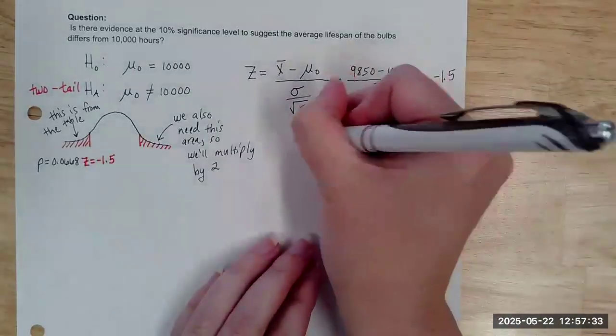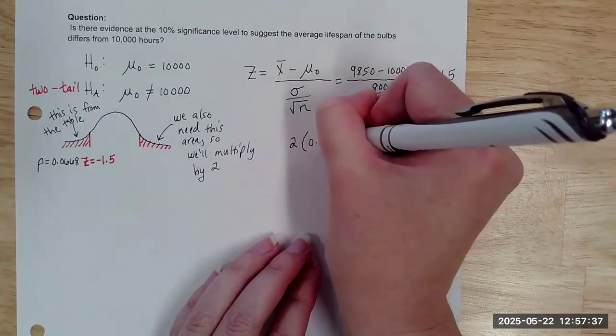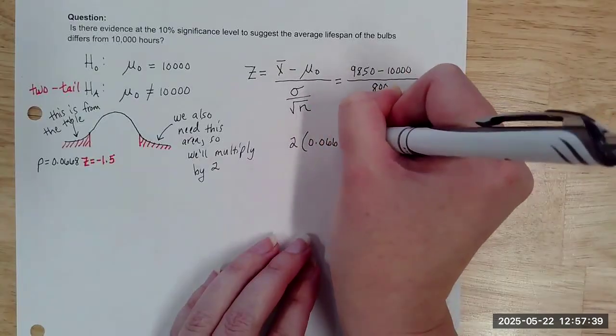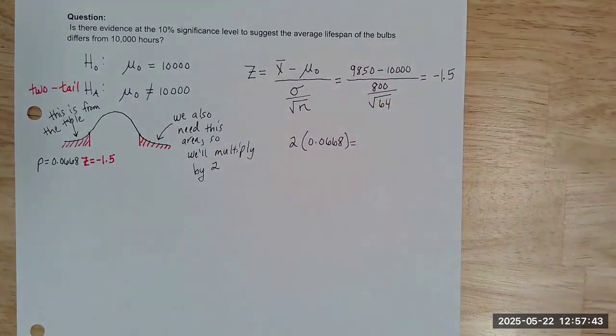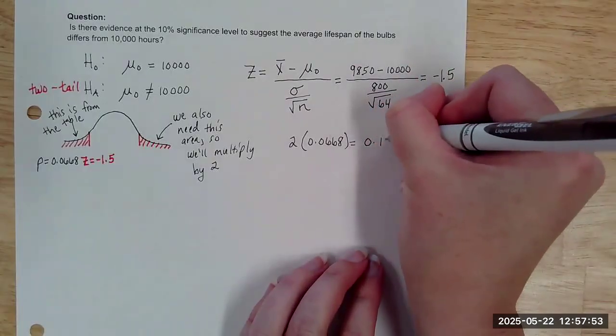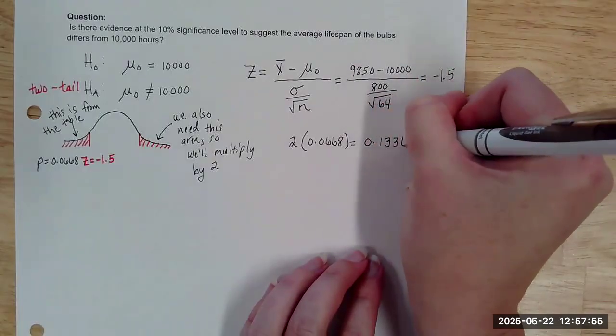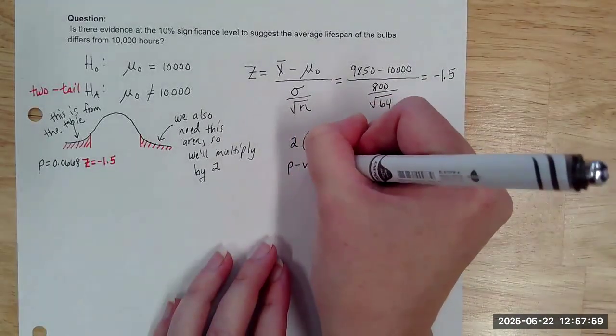So I'm going to say 2 times 0.0668 is equal to 0.1336. So this is our p-value for both tails.